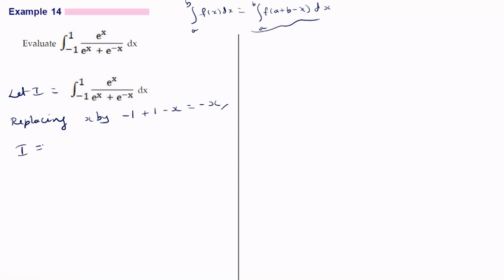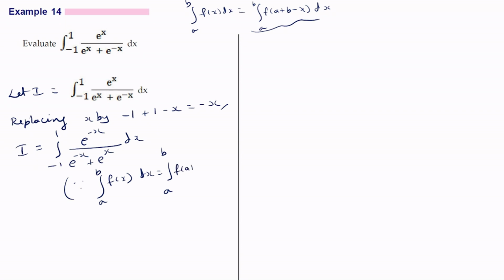It will be the same integral because of this reason. So this is equal to integral -1 to 1 e raised to minus x upon e raised to minus x plus e raised to minus of minus x, which is plus x. The reason should be written as the property: integral a to b f of x dx is equal to integral a to b f of a plus b minus x dx.